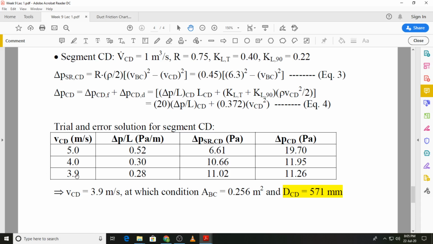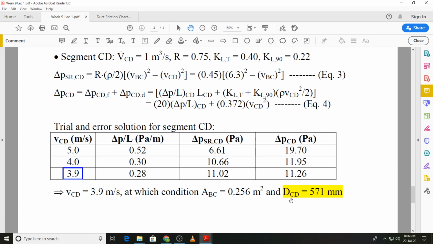So I made my next guess as 3.9 meters per second, at which the static regain is 11.02 pascals, whereas the pressure drop is 11.26 pascals, and that is where we can stop the iteration and take the value 3.9 meters per second as the velocity in segment CD. And again, by using the volume flow rate in segment CD, we find out the cross-sectional area and the duct diameter, which is 571 millimeter.